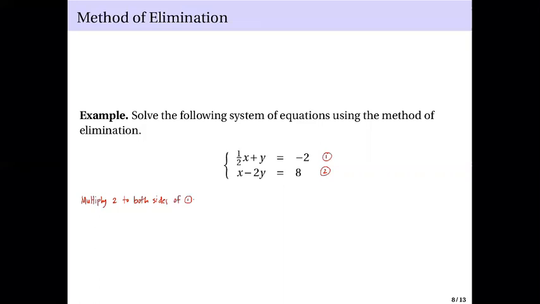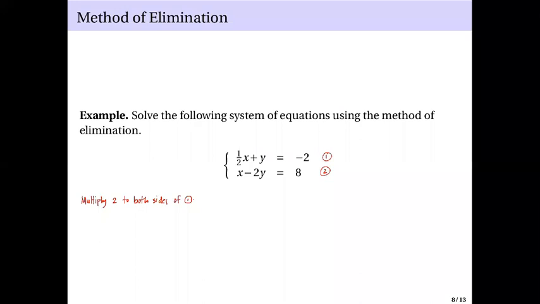This is the multiplication property of equality. Question is, why did we choose 2? Notice, if I multiply 2, what will happen?